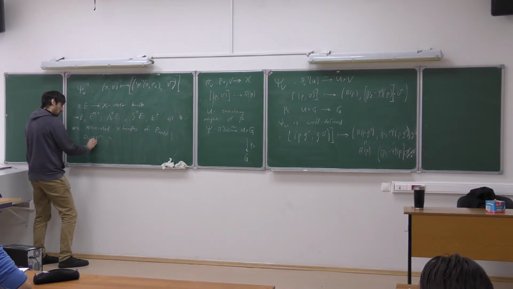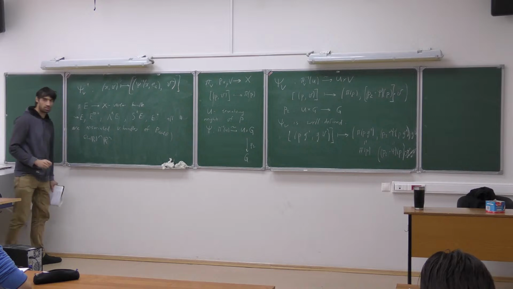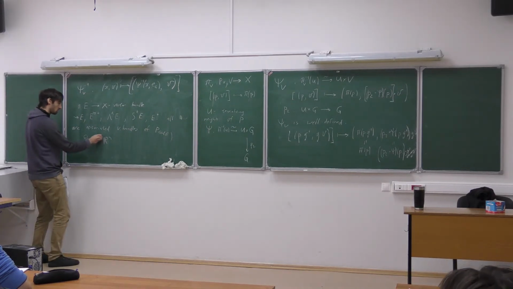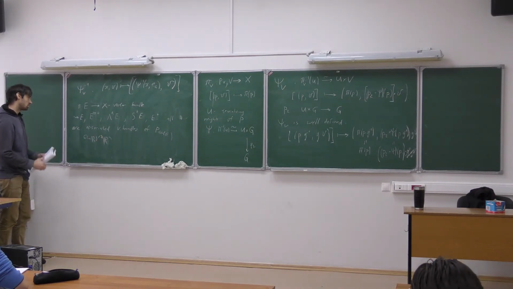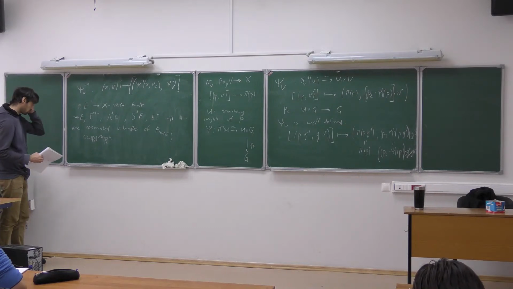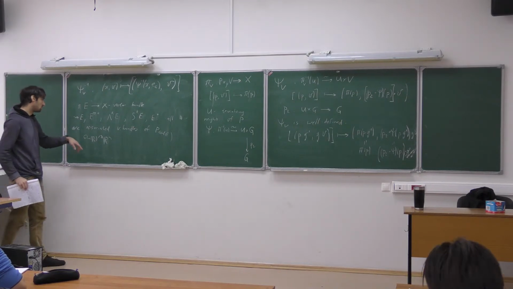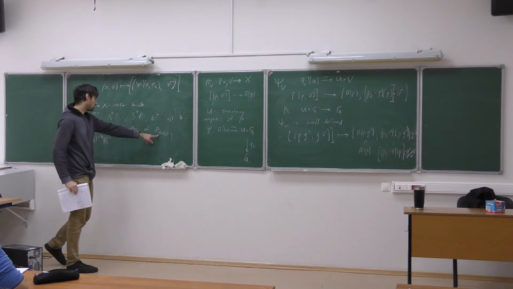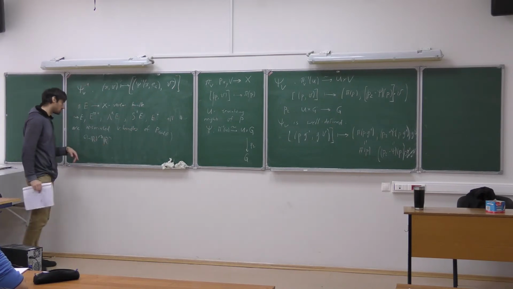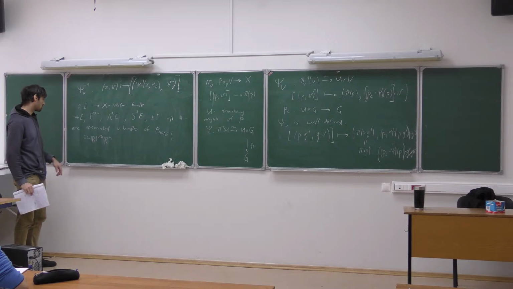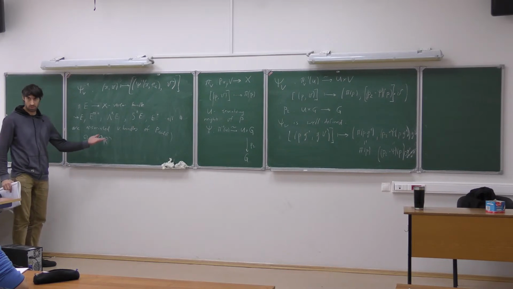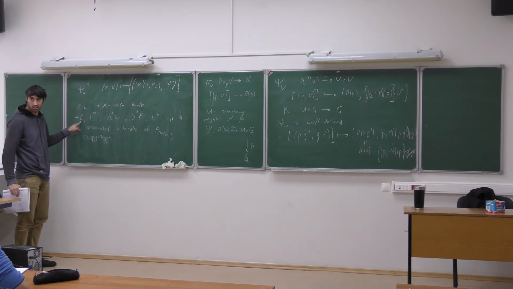Let's just talk about R. So it acts on Rn, and if you start with a real vector bundle and you consider PGL, you construct the associated vector bundle with such an action, which is the same as a representation, and you get E.